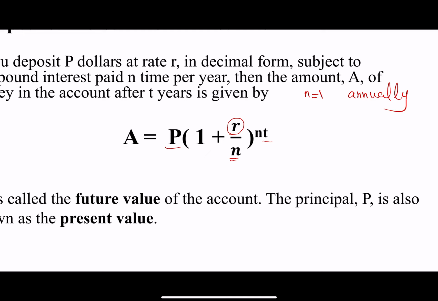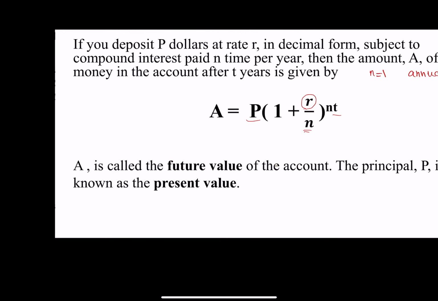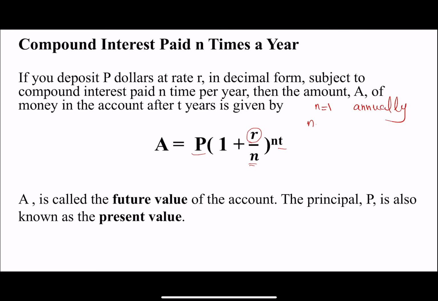If your compound interest is paid twice a year, n is equal to 2, that's semi-annual. n is equal to 4 is compounded quarterly, meaning every 3 months. If interest is paid 12 times a year, it's compounded monthly and n is equal to 12.